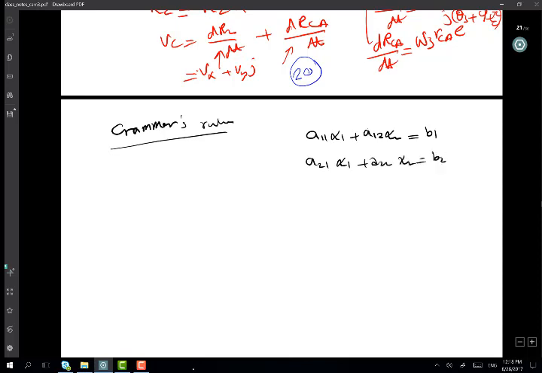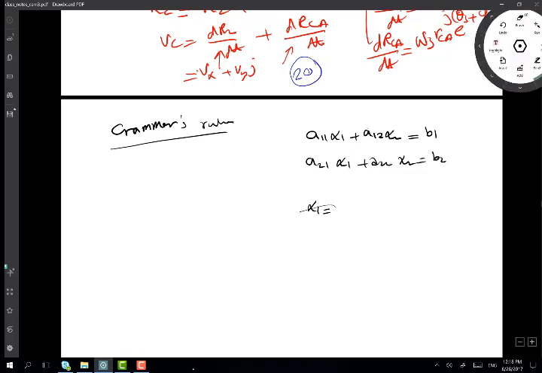That's Cramer's rule. And if you remember how we used it, if I wanted x1, for example, what we did was write this equation in matrix form. So in matrix form, my equation is a11, a12, a21, a22 multiplied by x1, x2 equal to b1, b2, correct?